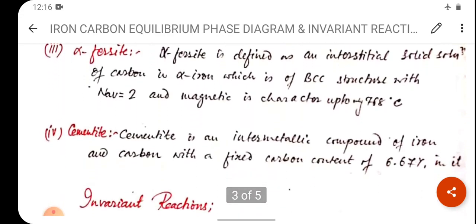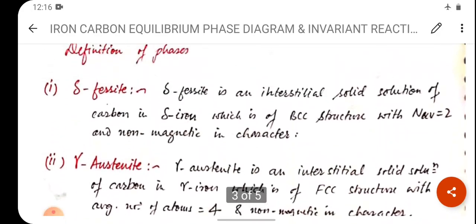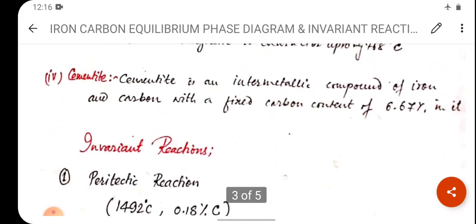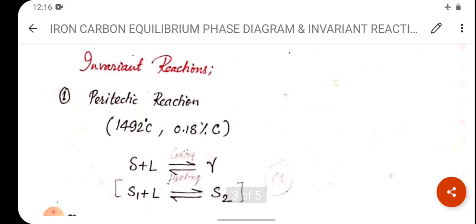Now the fourth phase is cementite. Cementite is an intermetallic compound of iron and carbon with a fixed carbon content of 6.67%. This is known as cementite. So I have discussed the definitions of phases, which I already showed in the previous diagram.